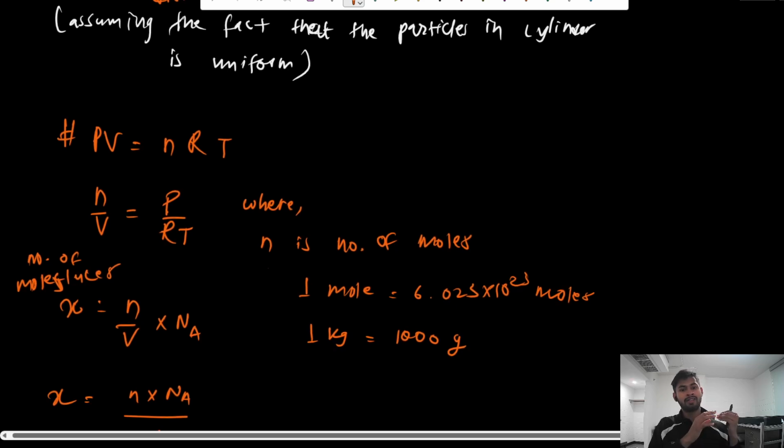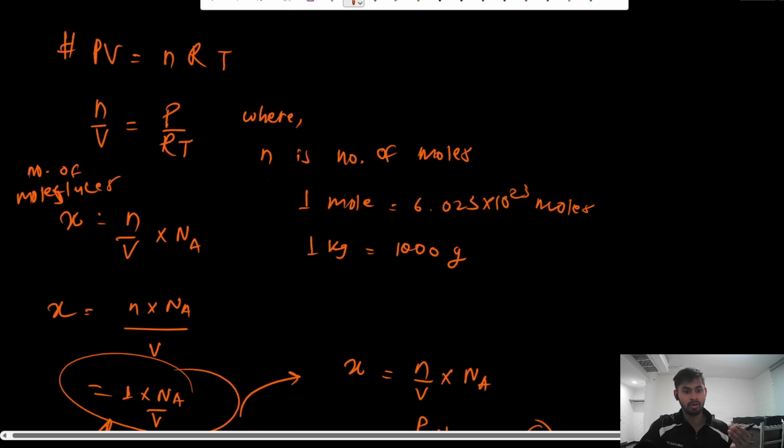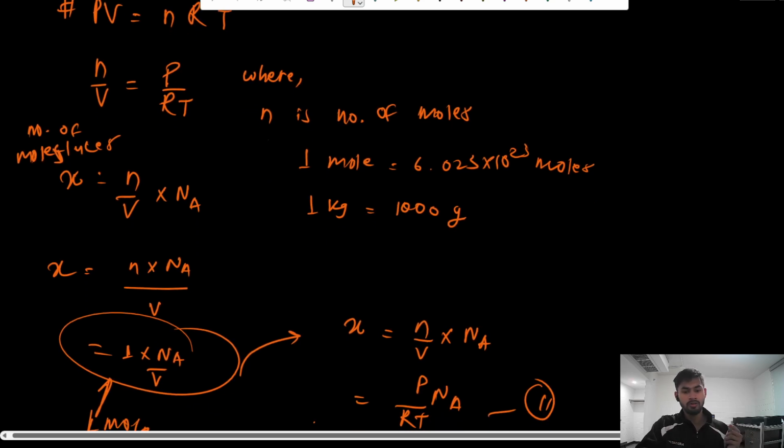So with that in mind, we can compute the total number of molecules present in that box, which is x that we have defined in these equations. So we are basically computing the total number of molecules present in any general scenario.